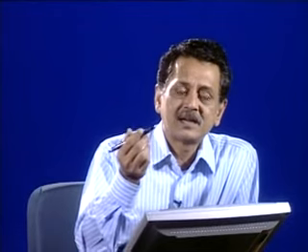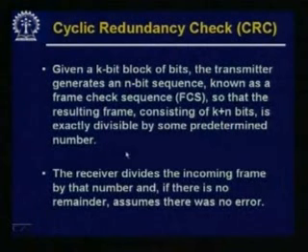So, let us look at this. Given a k-bit block of bits, the transmitter generates an n-bit sequence known as a frame check sequence, so that the resulting frame consisting of k plus n bits is exactly divisible by some predetermined number. The receiver divides the incoming frame by that number, and if there is no remainder, assumes there was no error.